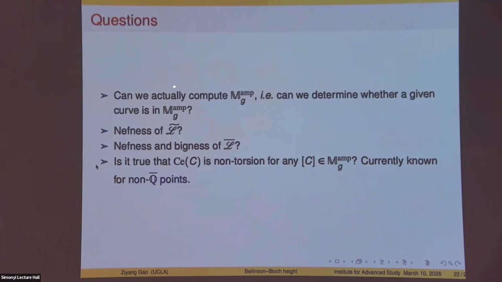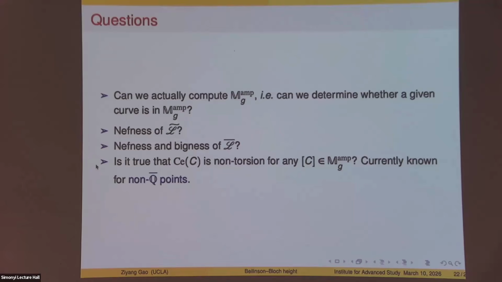Second, we do want to show that this L tilde is nef, or even more, L bar is nef. Well, L tilde being nef is probably more approachable as a question, because, as Phil pointed out already, the c1 is semi-positive in the interior, but the boundary is another problem.